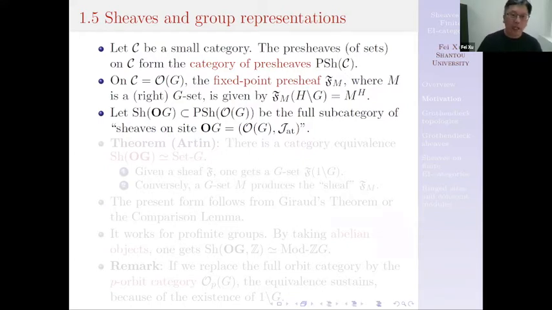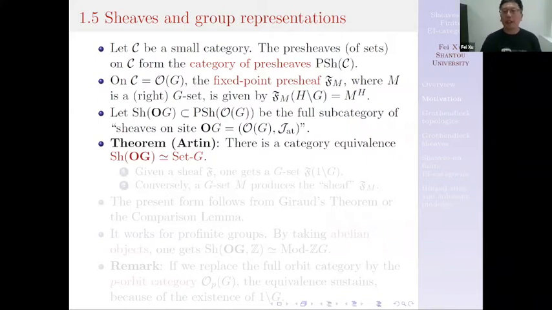Okay. And then Artin's theorem is that you have a category equivalence. The sheaves on this particular site is equivalent to the category of G-sets. And the proof is as follows. You take a sheaf on the left-hand side, then you take the value at this particular G orbit. It is obviously a G-set.